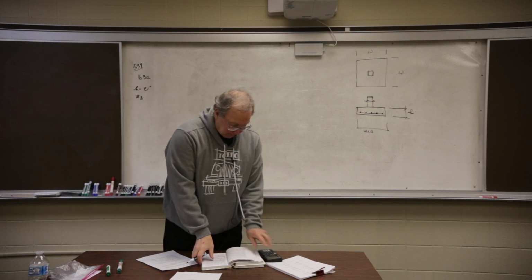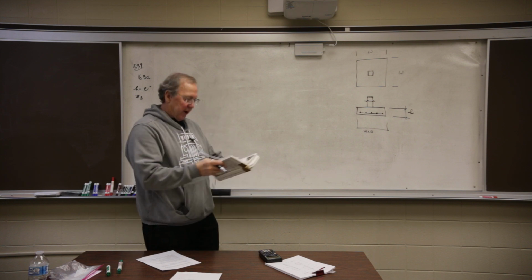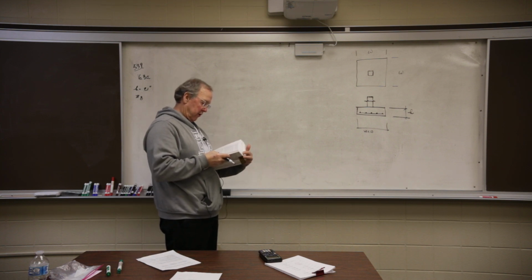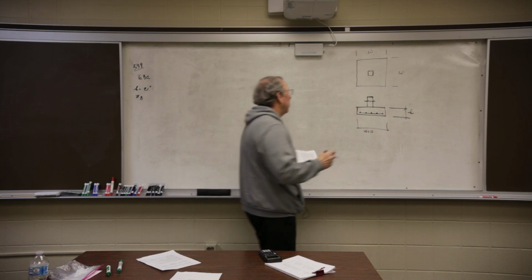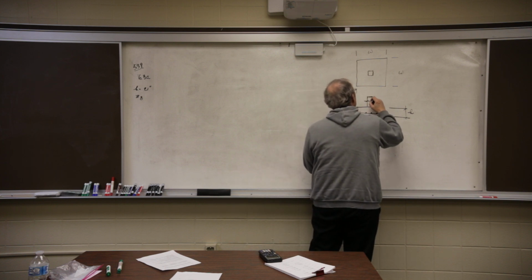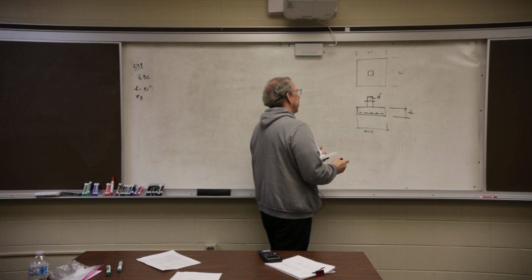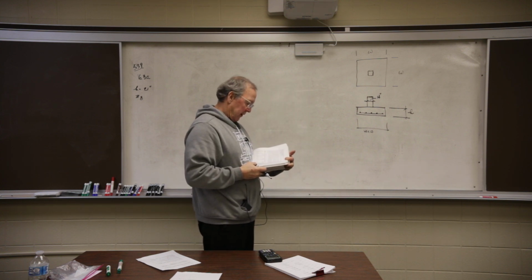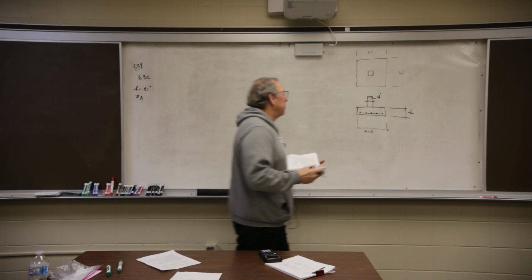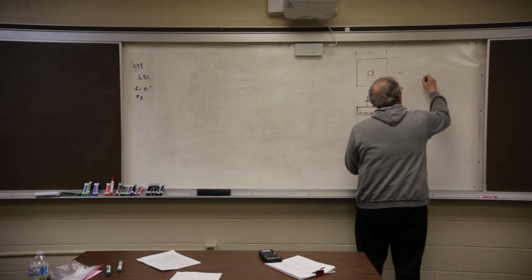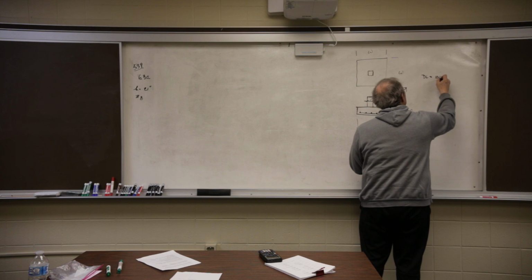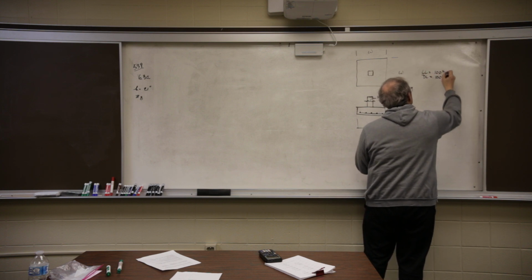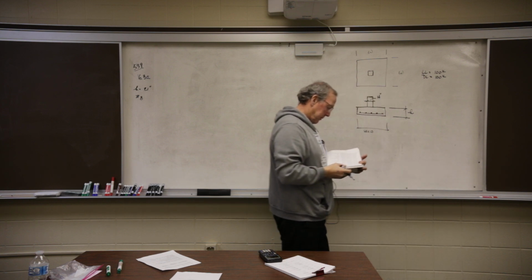So let's read it. It says, you got a square footer, 14-inch column. So that's 14 by 14. It's a little column sitting on it. We got loads. Dead and live are both 100. So dead load is 100 kips. Live load is 100 kips. Okay, got that whipped.